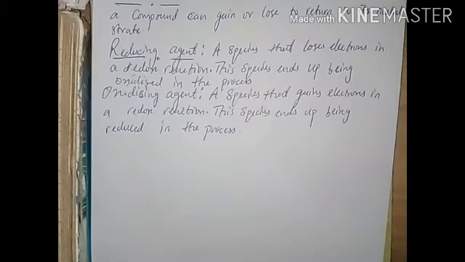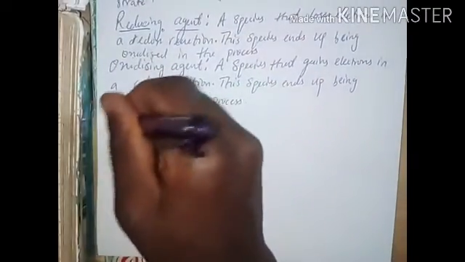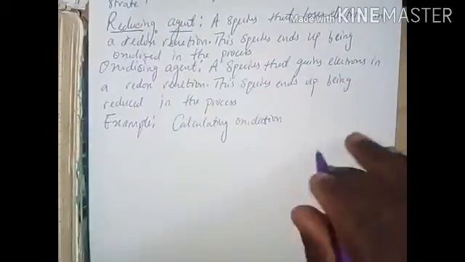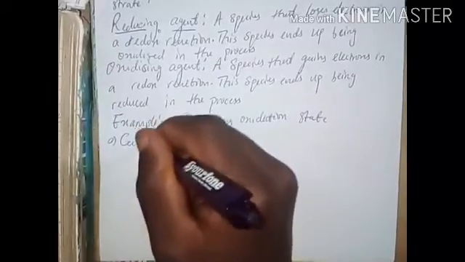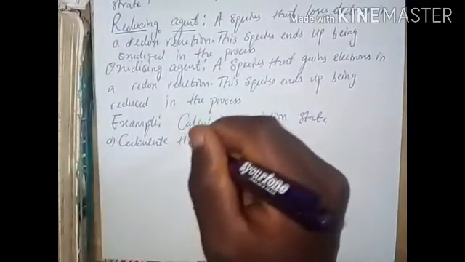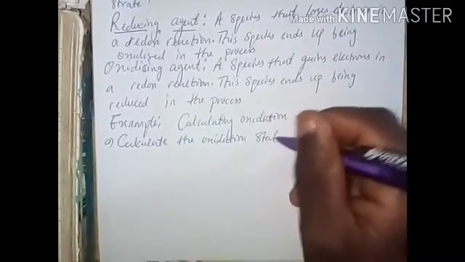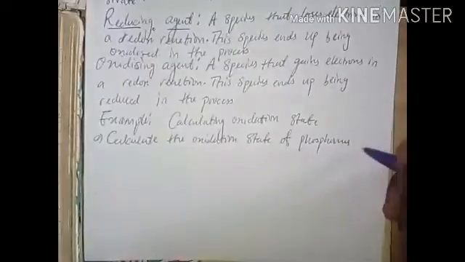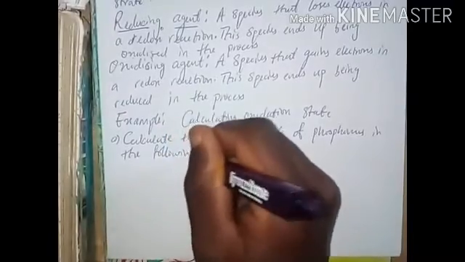So with this, we can solve for the oxidation state of some species in a particular compound. Now for example, let's calculate the oxidation state of phosphorus in the following.